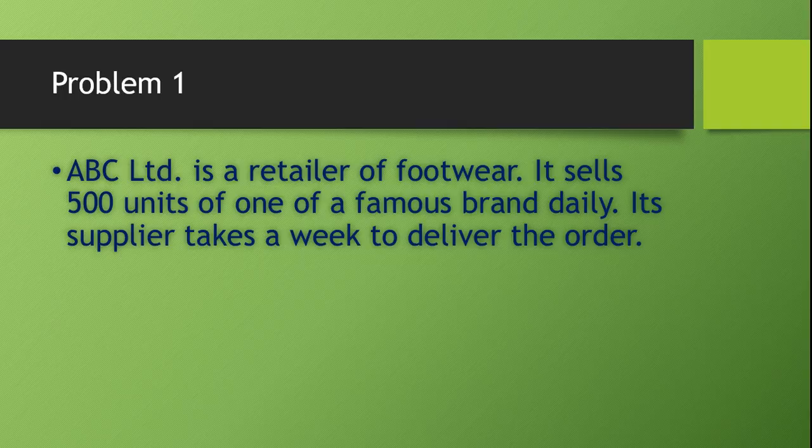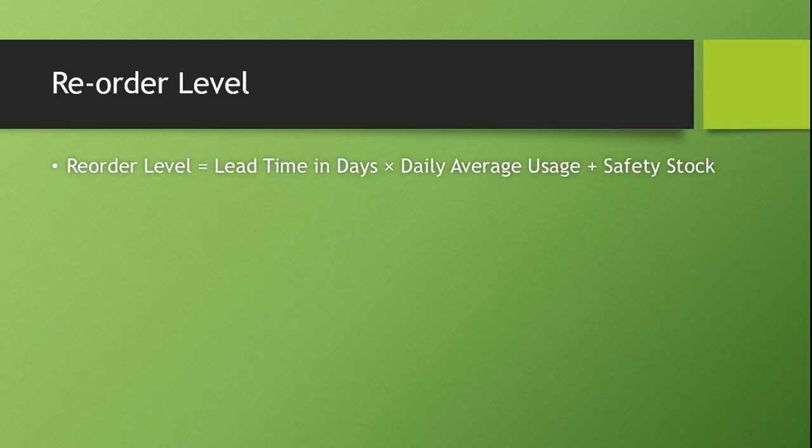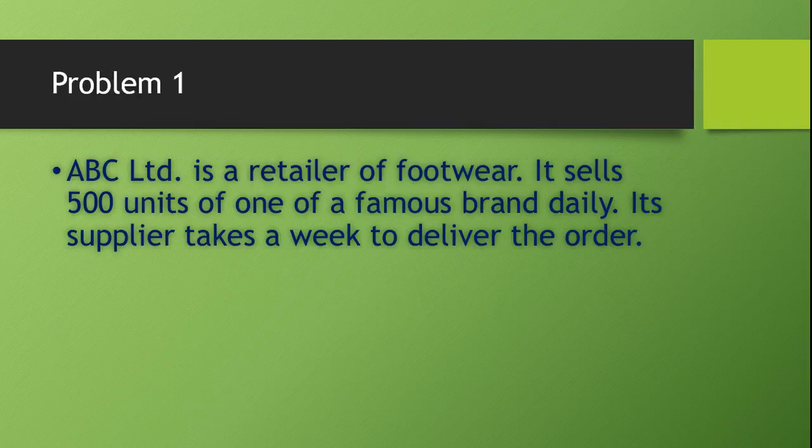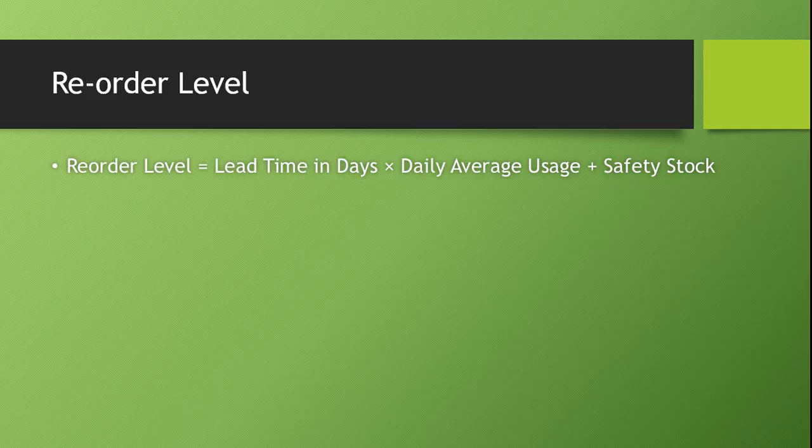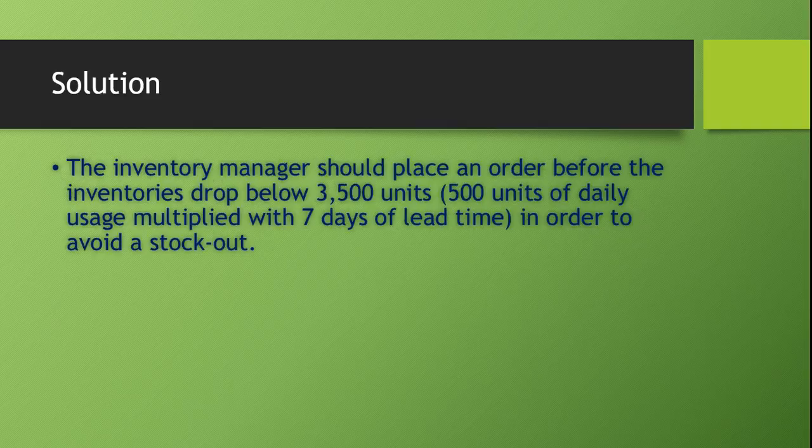We saw this problem in the class about a footwear retailer, and you can see the daily usage is 500, the lead time is 7 days. We can easily find from the formula that the reorder level is lead time into the number of days and the average use.